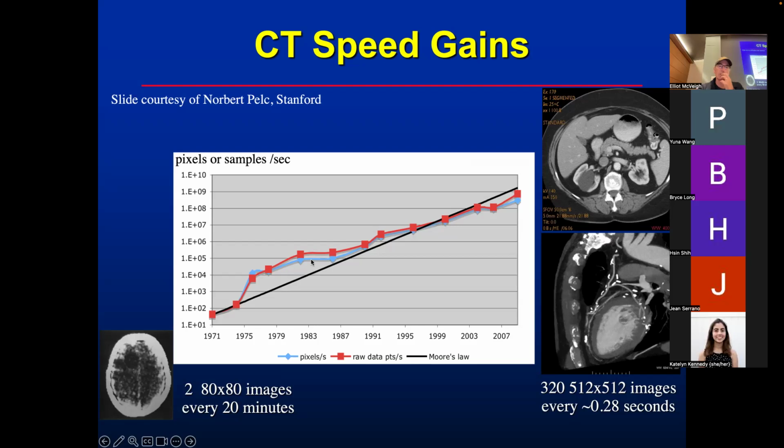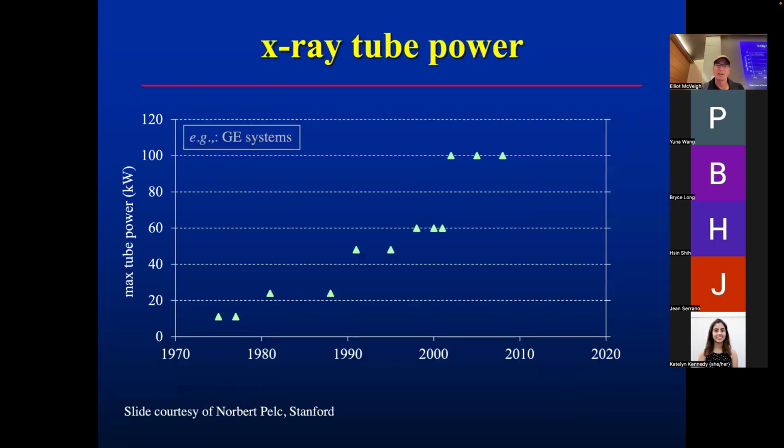Norbert Pelc actually went back and got data at each epoch. He's been in this since about here, right? And he plotted how fast scanners were going, just in terms of pixels per second. And then the black line is Moore's law, right? So it just basically goes up with digital processing and some engineering. X-ray tube power, obviously, as you get faster and faster images, you need more and more X-rays per unit time in order to have enough X-rays in each image data collection, right?